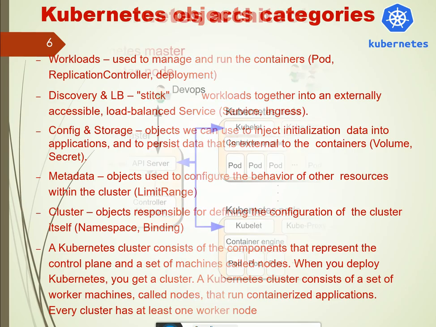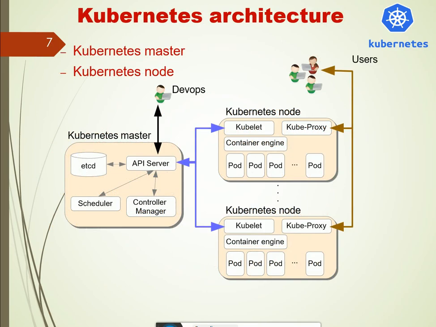Now proceed to the next thing. See the Kubernetes architecture, Kubernetes Master and the Kubernetes nodes. See this? The Kubernetes Master consists of the API server, etcd, scheduler, controller manager, and the Kubernetes nodes have kubelet, kube proxy, container engine, and the pods.